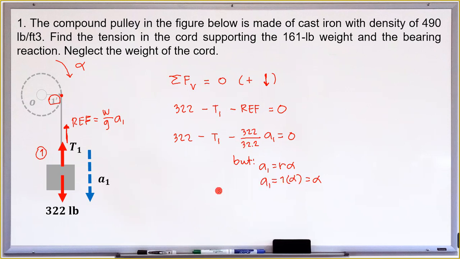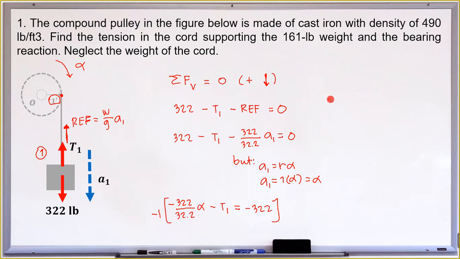So rearranging this first equation, we have negative 322 all over 32.2 times alpha, since A1 is equal to alpha, then minus T1, equals, remember the constant, negative 322. All are negative, so multiplied by negative 1.